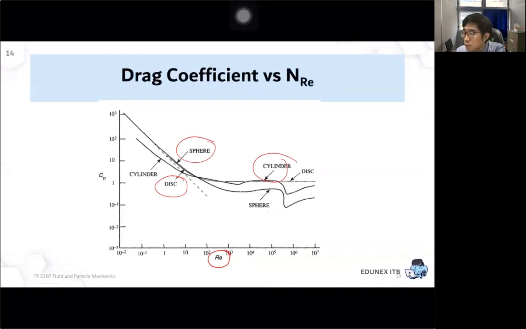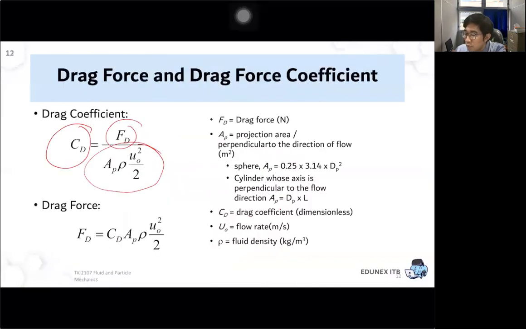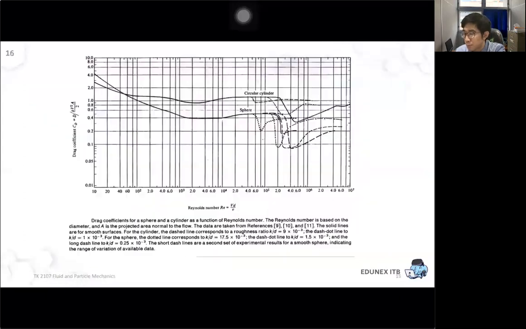Then you correlate using the graph, and by calculating the Reynolds number, you get the value of the drag coefficient. Then after you find the drag coefficient, you can calculate the drag force. This is the concept for particles flowing with the fluid.